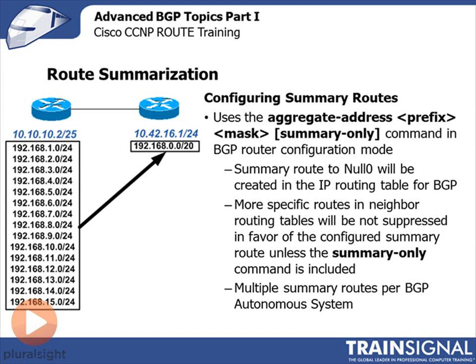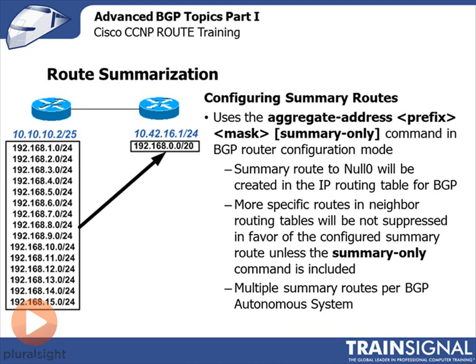One of the things that the aggregate address command will do, as with the other routing protocols, is create a route to null zero, a summary route in BGP. You will see that if you do a show ip route bgp, you will see the prefix listed, but it will route to null zero. And that's something you can use for verification later on the originating router.